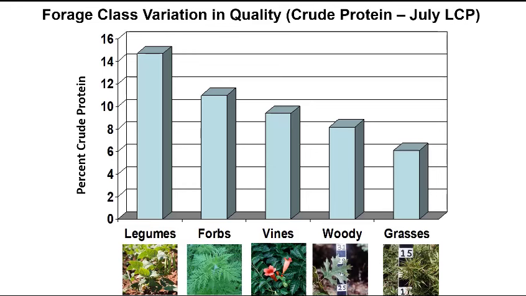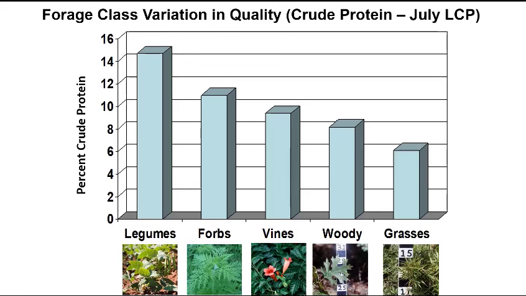But the point I want to make here is the variation in quality among the different forage classes. Legumes are members of the bean family. They are a forb, but I broke them out from forbs in this case because they're kind of a superfood from the deer standpoint.